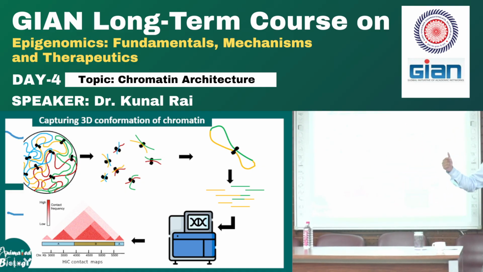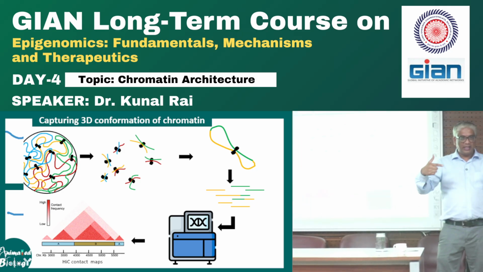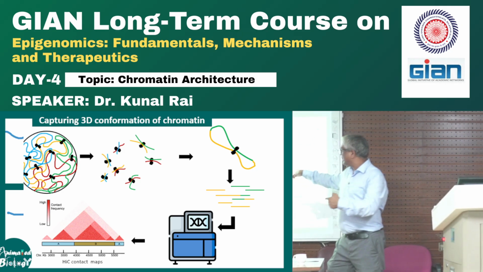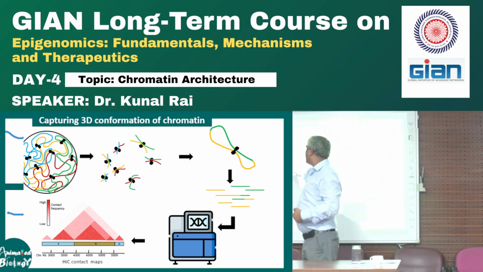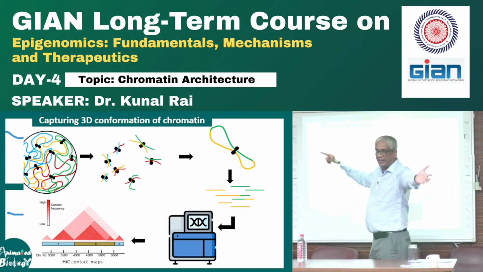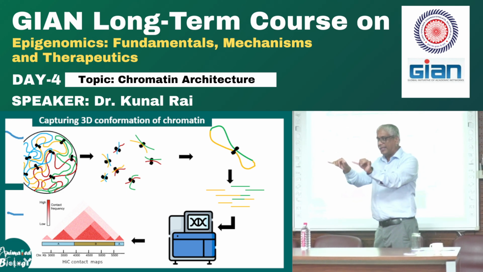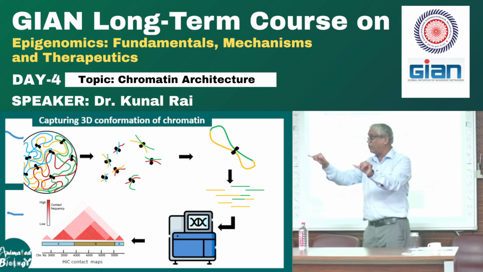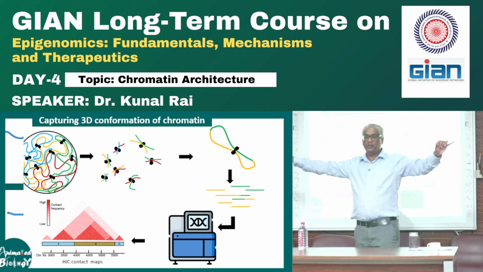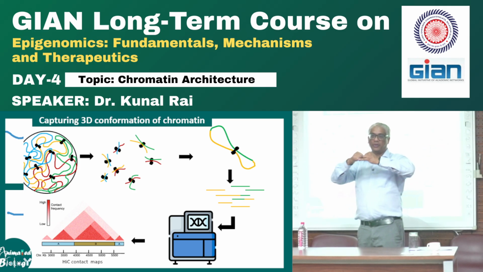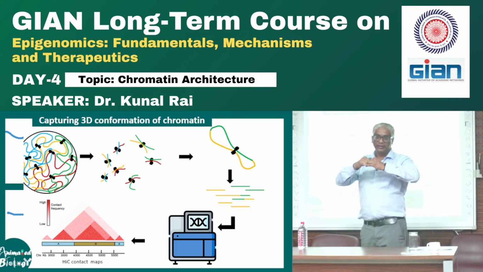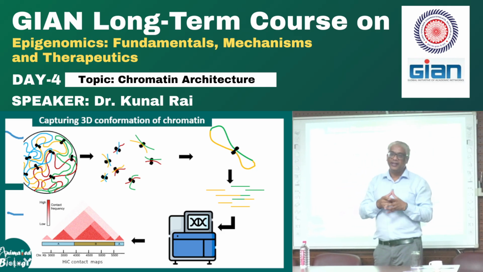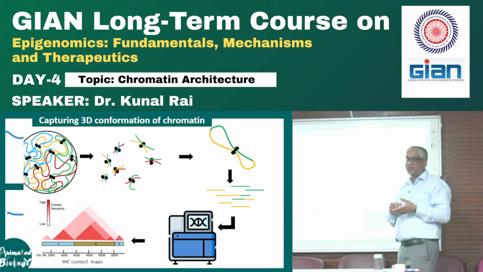So when you now sequence from one end versus the other end, one end maps to a region which is here, okay? And the other end maps to the region that is on the other end. So by mapping that, and saying, okay, this was in this position and this was in this position, now I know these two positions actually interacted with each other, right? So you created a fusion transcript by ligation under a dilution condition.